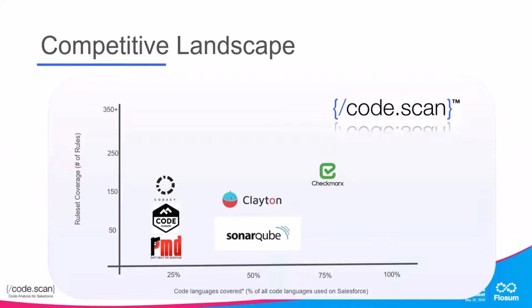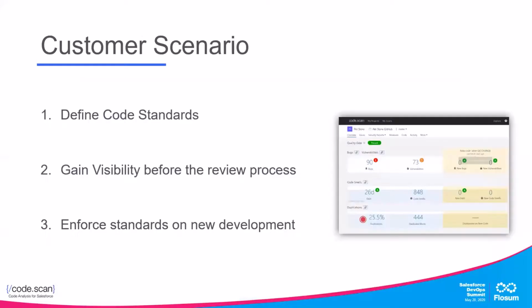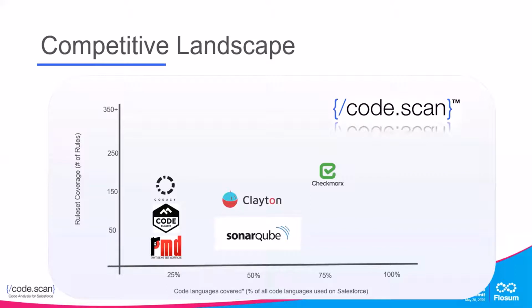The other thing you want to check is how many rule sets the tool provides to your organization. And that is defined by all the checks that you can perform to maintain your code. So this is the landscape that we see here. Everyone has a different specialty, mainly in other languages apart from Salesforce.